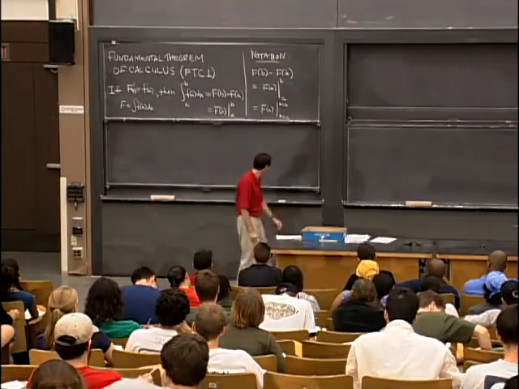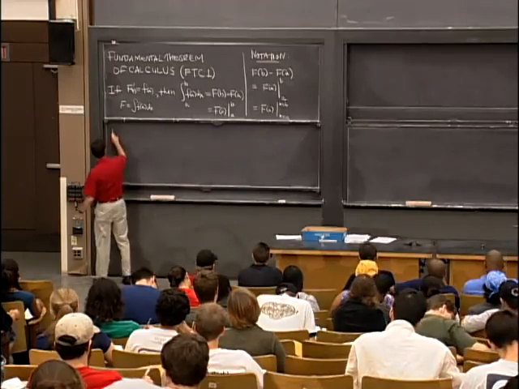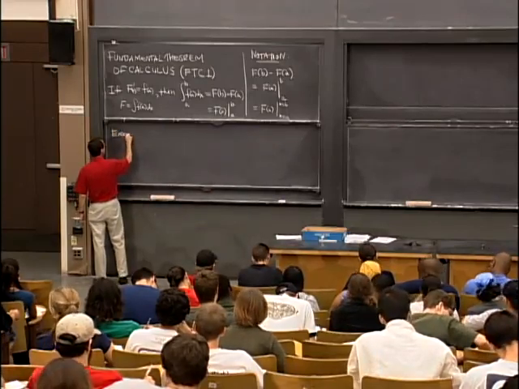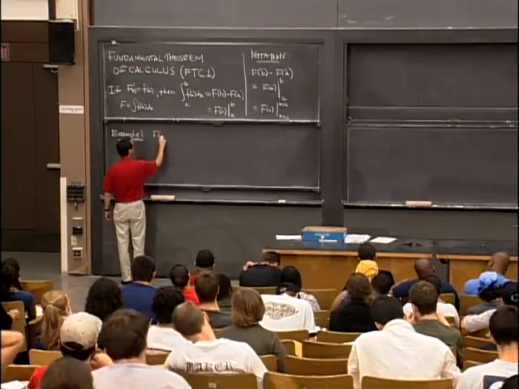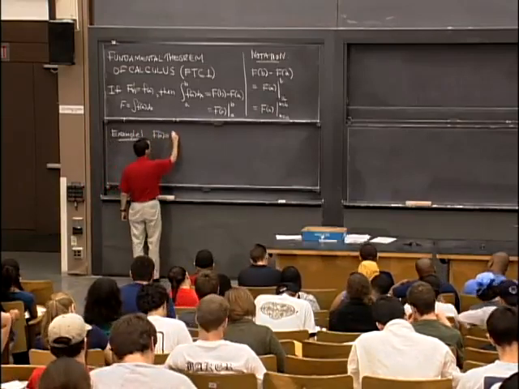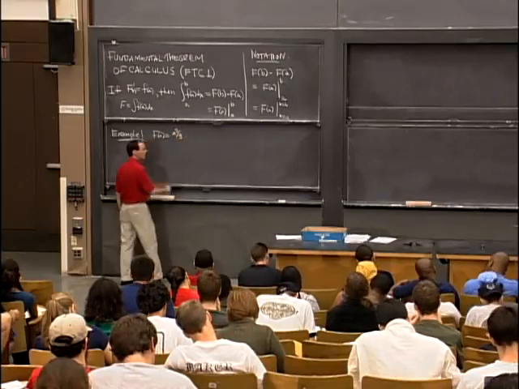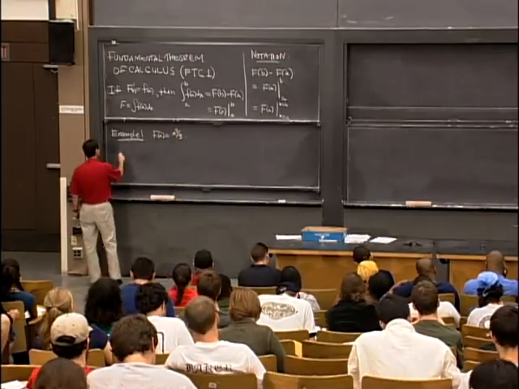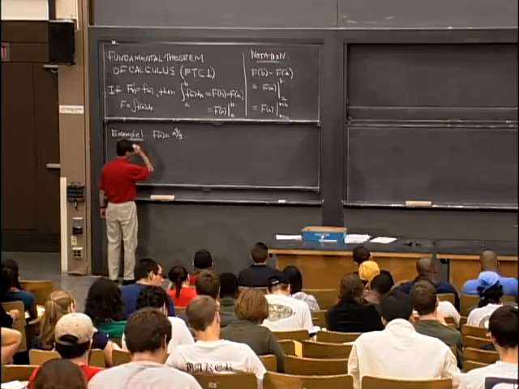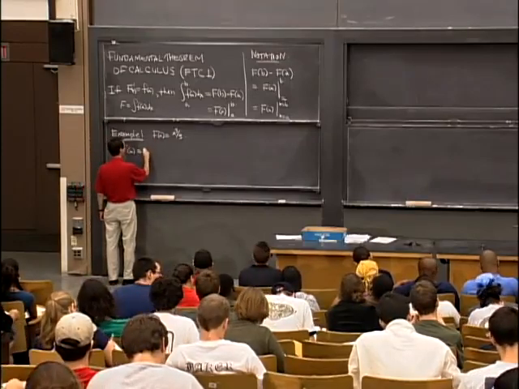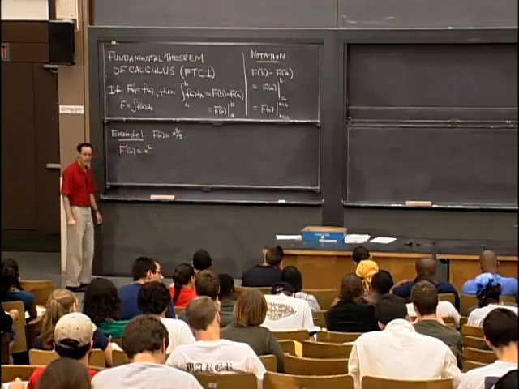Okay, so let's just give a couple of examples. The first example is the one that we did last time very laboriously. If you take the function capital F of x, which happens to be x cubed over 3, then if you differentiate it, the factor of 3 cancels, so you get x squared. That's the derivative.